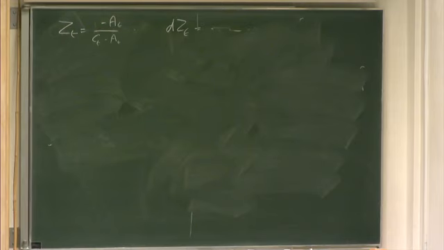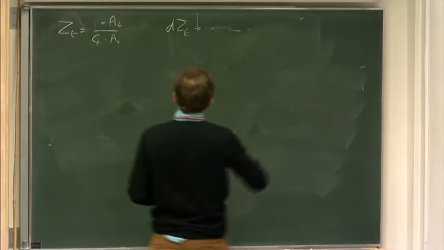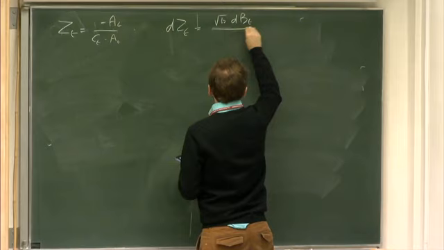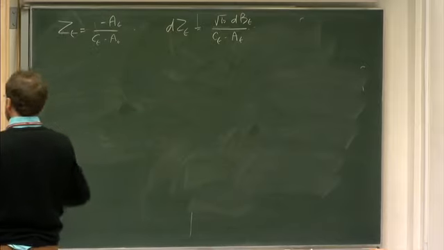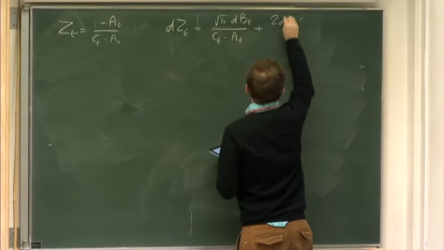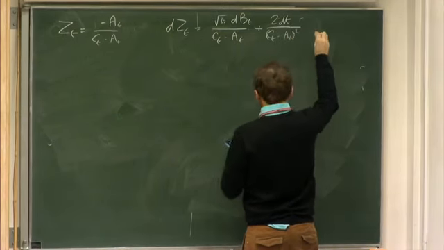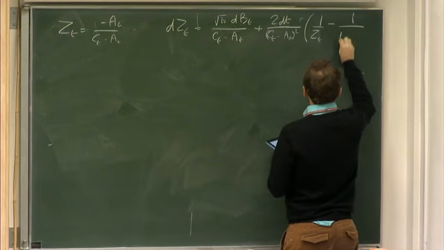And then if you compute the increment of this, what you will find is this: square root of kappa dB_t over C_t minus A_t, which comes essentially from the beta term, plus 2 dt over (C_t minus A_t) squared times 1 over Z_t minus 1 over 1 minus Z_t.